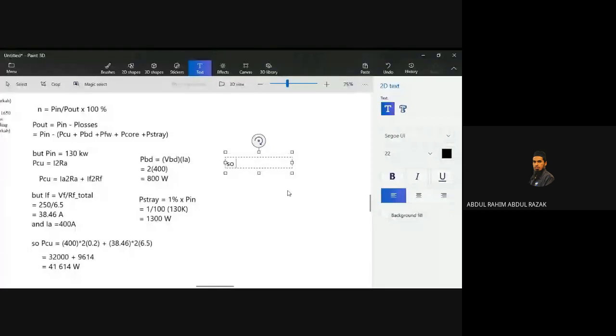So P out now you have equal to how much?